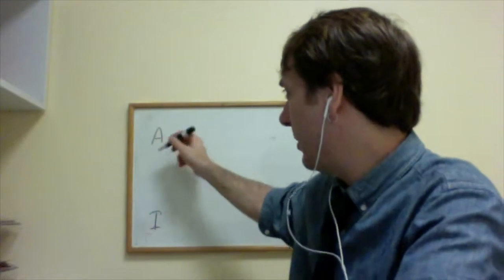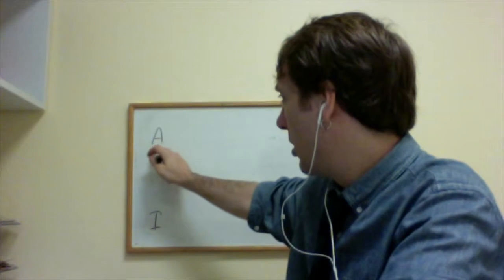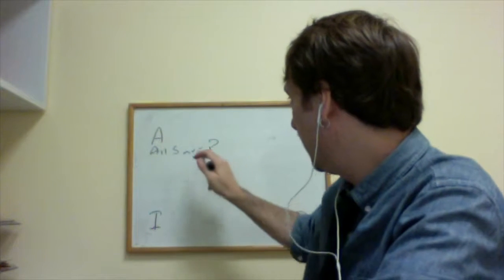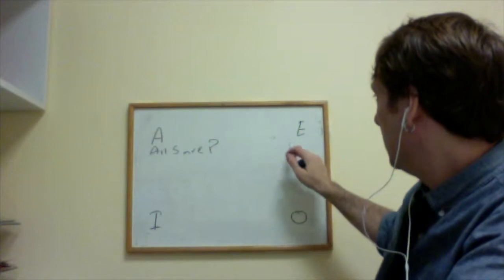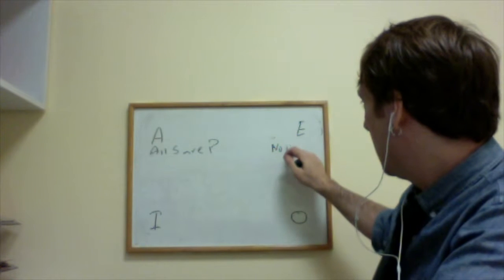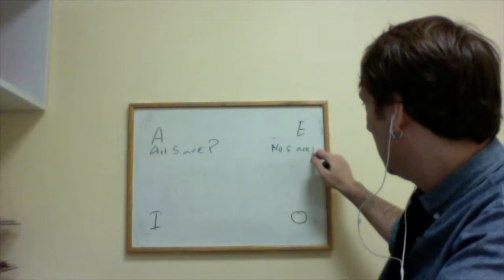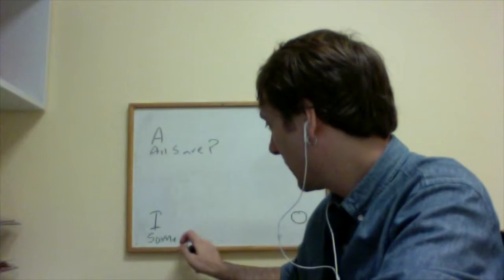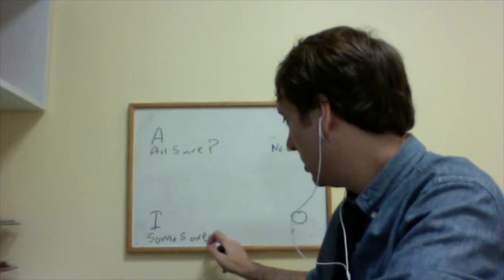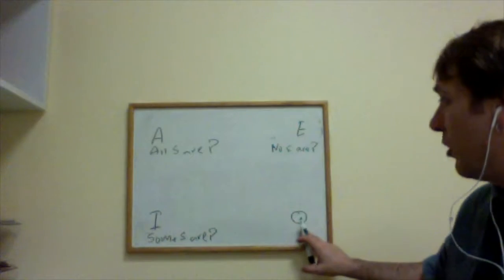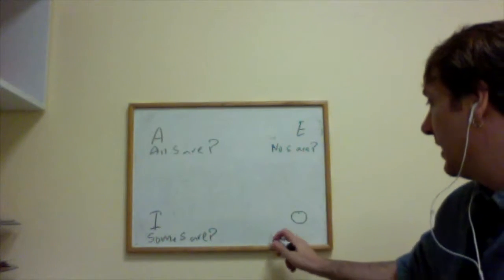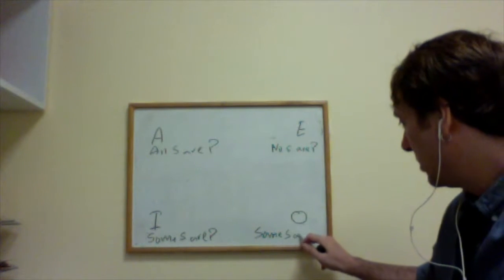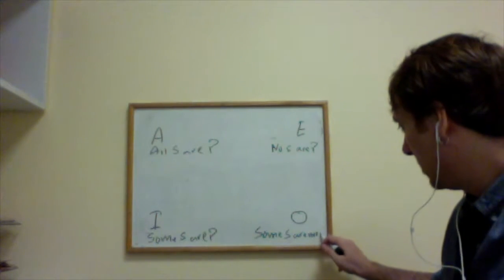So remember that the A proposition stands for all S are P. The E proposition is no S are P. The I proposition is some S are P. The O proposition is rendered in modern ways as some S are not P.